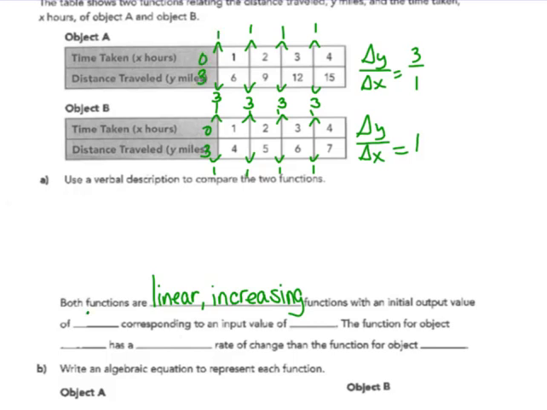So they have an initial output value of 3 with an input value of 0. When x is 0, y is 3. The function for object A has a greater rate of change, because it's 3 over 1, that's your slope, than the function for object B.